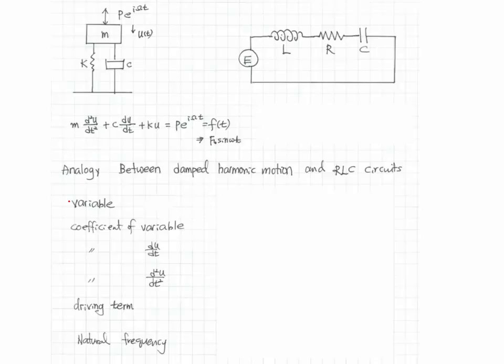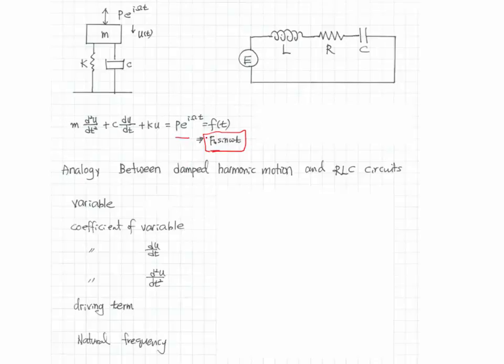So let's do the analogy between the damped harmonic motion and the RLC circuit. From structural dynamics, we learned that if there's a force applied to this mass, here the applied force is F times a sinusoidal function of omega t. Right? This is the driving force.